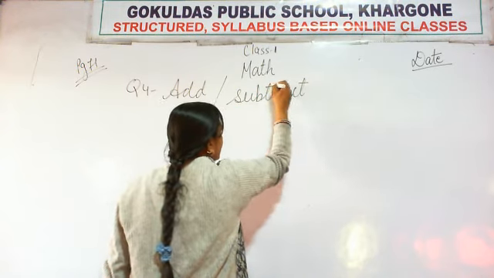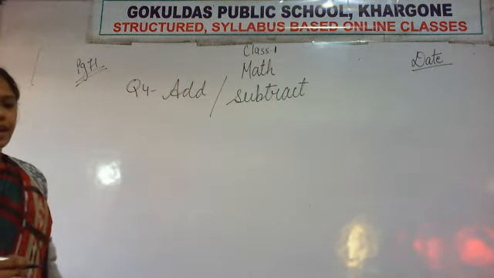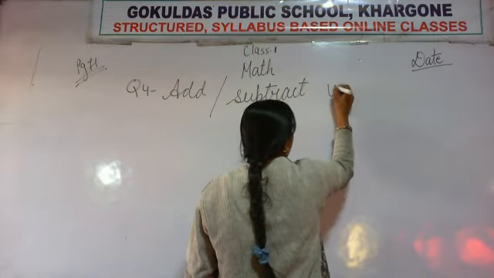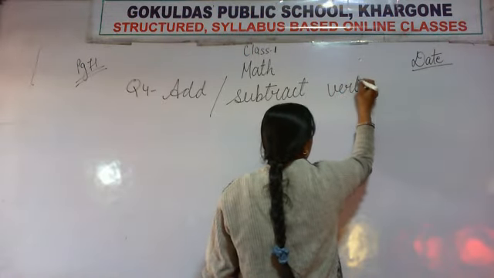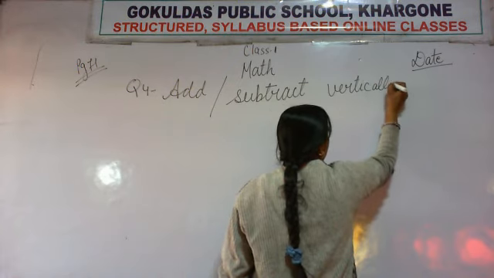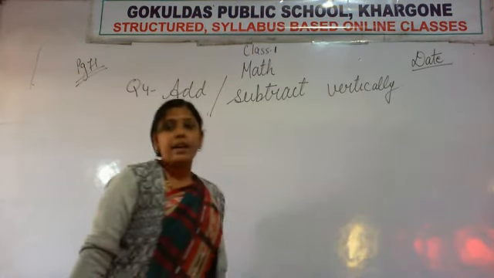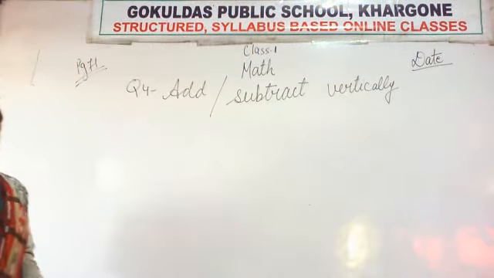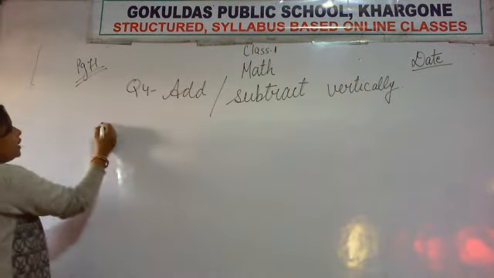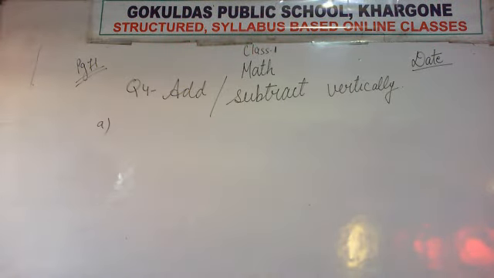So, question number 4, write: add, subtract vertically. Copy the question fast and copy correctly from the board.